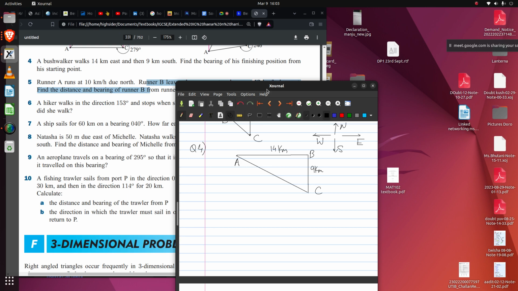Yes. And now what do they want? So they want us to find the bearing. This is a right angle triangle. Good. So we can use Pythagoras.